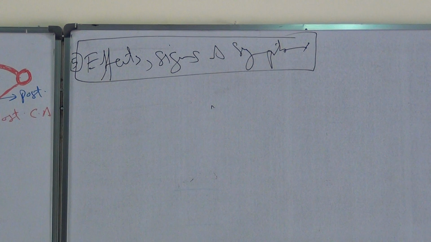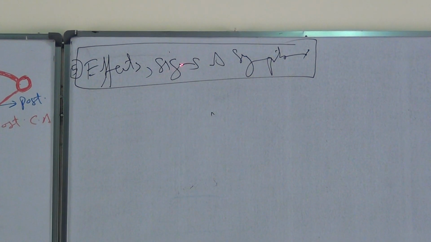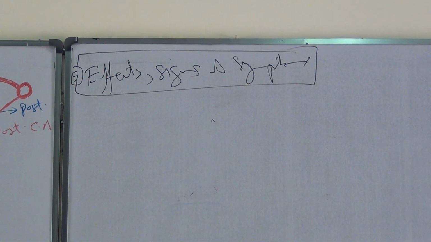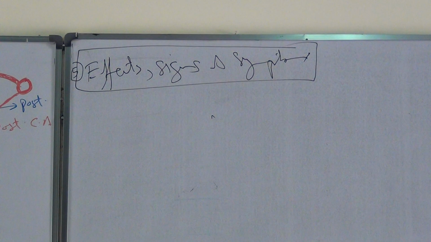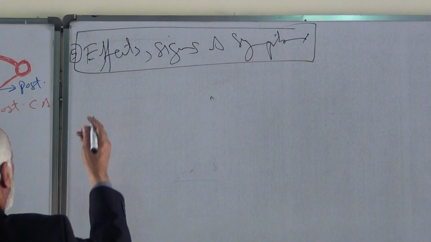Fourth was the structures involved, and number fifth is the effects, signs and symptoms as a result of Weber's syndrome. Now, what are these? Number one, as I told you, ipsilateral third nerve palsy.